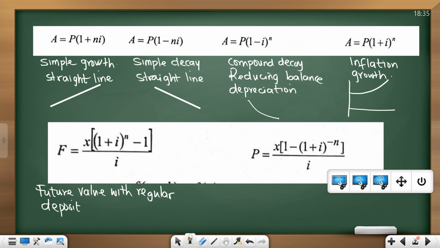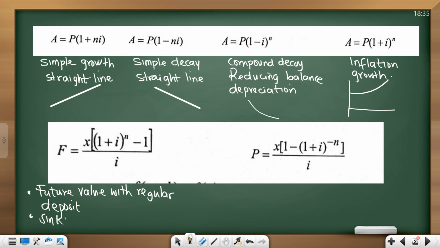It could be monthly, it could be every 2 months, whatever it is. All right. Regular payments or regular deposits, sinking fund. And how to deal with sinking fund.